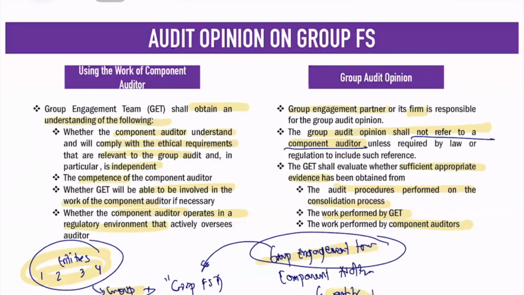And based on those, you can either modify or provide an unqualified opinion. Just remember, in the audit opinion on Group FS, there are different entities audited by component auditors, and there is now a group engagement team to audit that Group FS, which is already consolidated. And based on that info, you can either qualify or modify your audit opinion or provide an unmodified audit opinion.